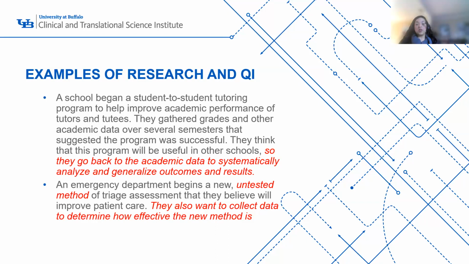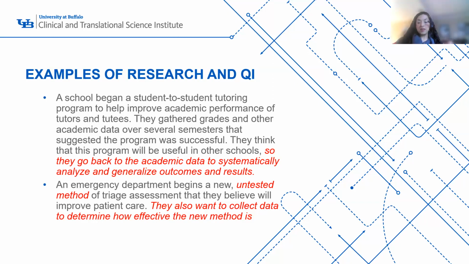As a different example of the overlap in QI and research, an emergency department begins a new untested method of triage assessment that they believe will improve patient care. They also want to collect data to determine how effective the new method is. In this example, the use of an untested method puts this in the realm of research too.